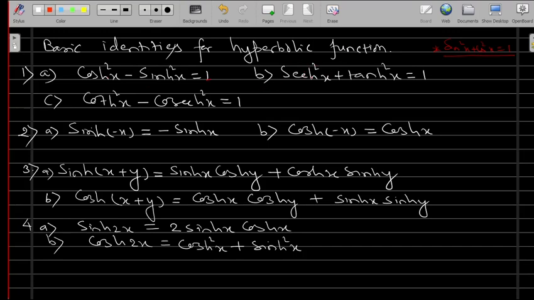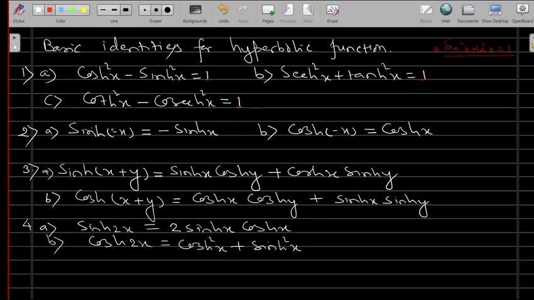And sech square x plus tanh square x equals 1. So this will be a little bit confusing. That will distract your previous knowledge. That's why you should study this deeply. Coth square x minus cosech square x equals 1.